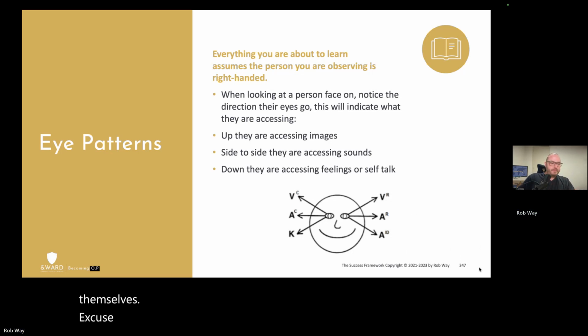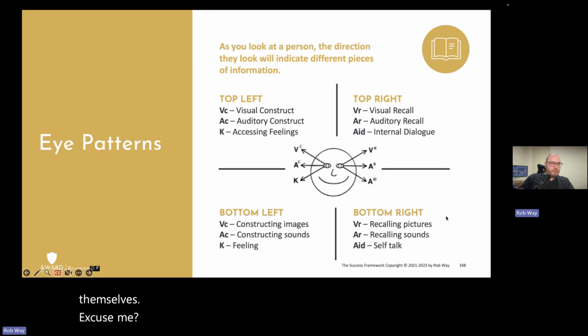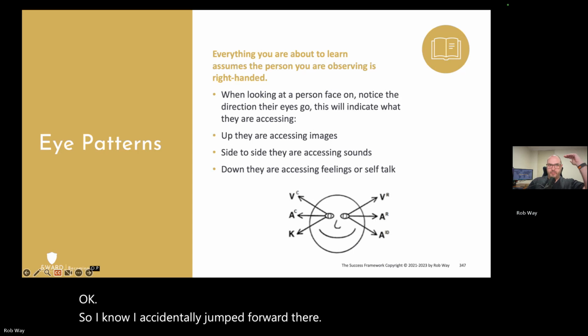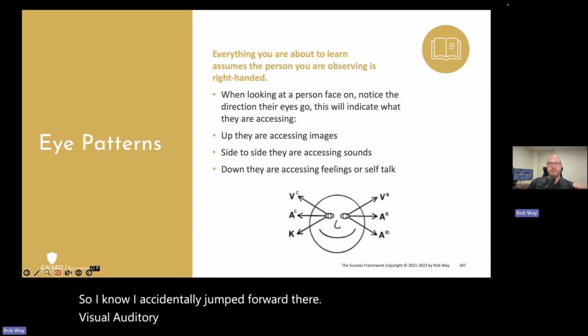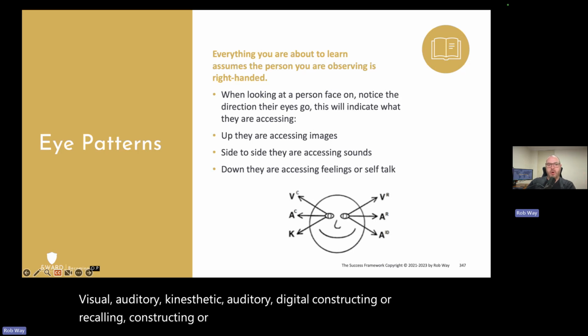So I know I accidentally jumped forward there. Visual, auditory, kinesthetic, auditory, digital, constructing or recalling, feeling or thinking about all the details.